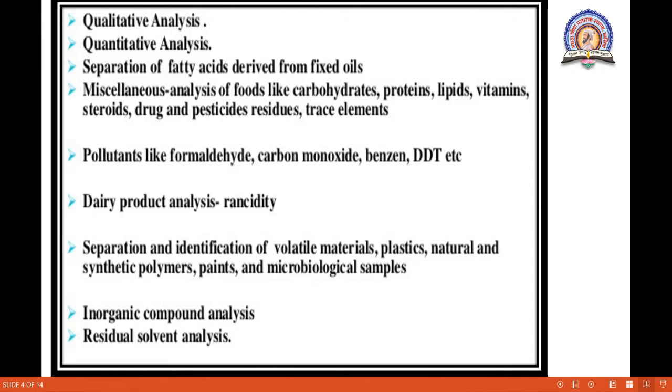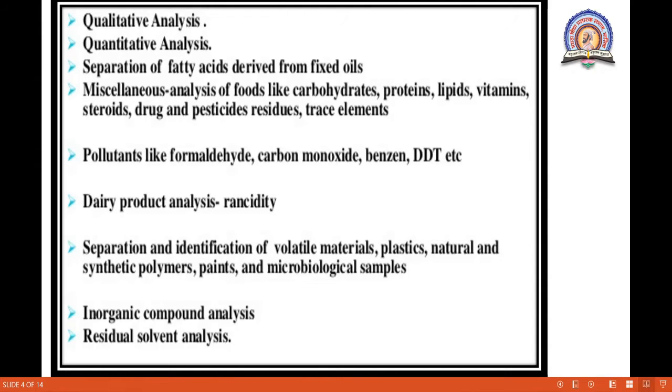Trace elements are included in miscellaneous analysis, which is done by using gas chromatography. Pollutants like formaldehyde, carbon monoxide, benzene, DDT, which is a pesticide, are all identified and separated by using this gas chromatographic technique.